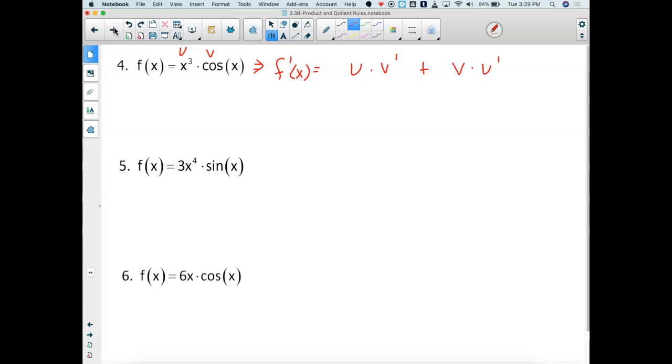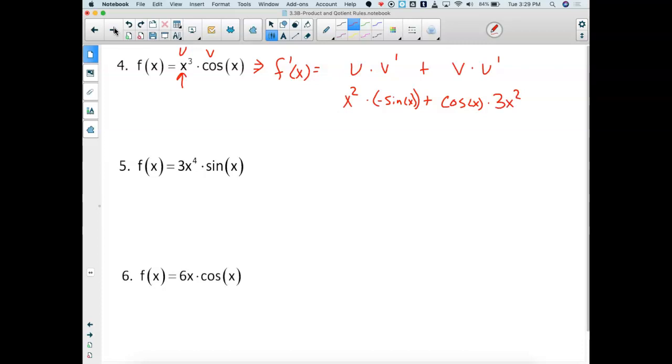So let's try this and check it out. Well, if I have u, this is going to be an x squared times, what's my derivative of cosine? That's going to be negative sine x plus my v is going to be a cosine x times my u prime. Well, that would be the derivative of that. That would be a 3x squared.